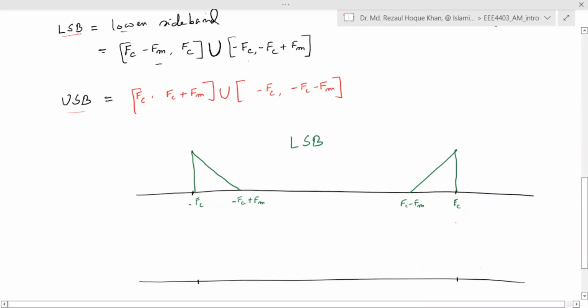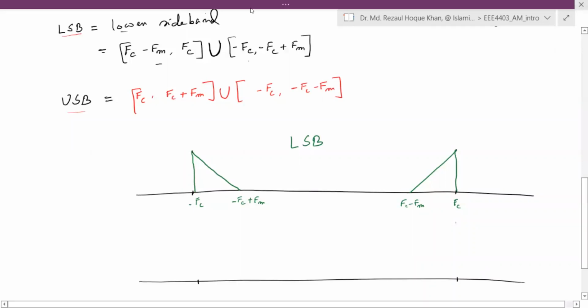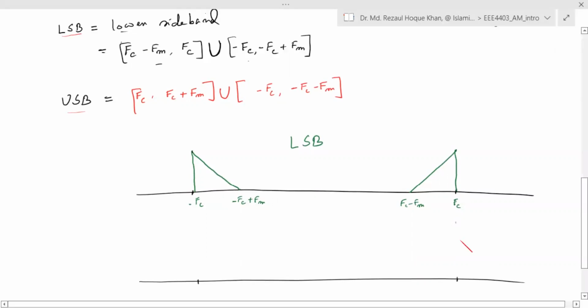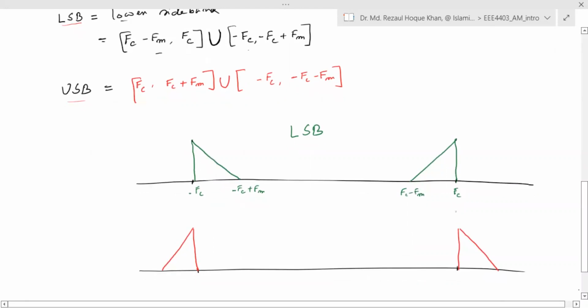So if I draw the upper sideband, actually this one, this one, which will be FC plus FM, and which will be minus FC to minus FC minus FM.